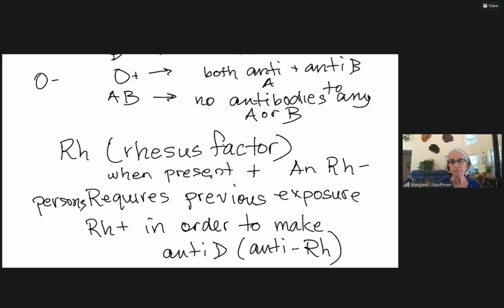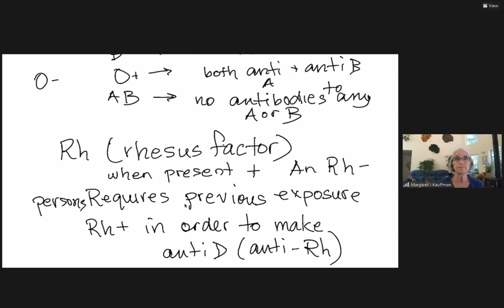So the other place this comes up, and the video alludes to it and the book talks about it, is in pregnancy. So if an infant is conceived who is Rh positive, to a mother who is Rh negative, if this is her first child, then there's usually not a problem.